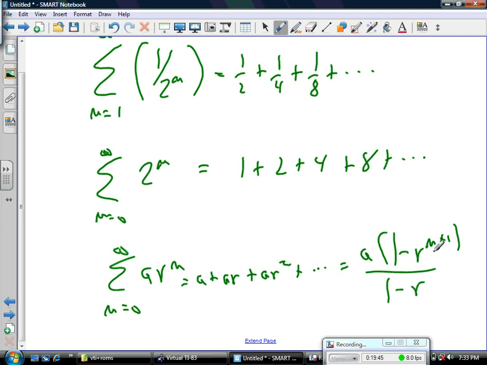But what if n goes nuts? It goes to infinity. When does it make sense to take an infinite power of a number? Notice if I add up numbers that get bigger and bigger and bigger, it's gotta blow up. If I add up numbers that get smaller and smaller and smaller, specifically going towards 0, it's gonna add up to something.